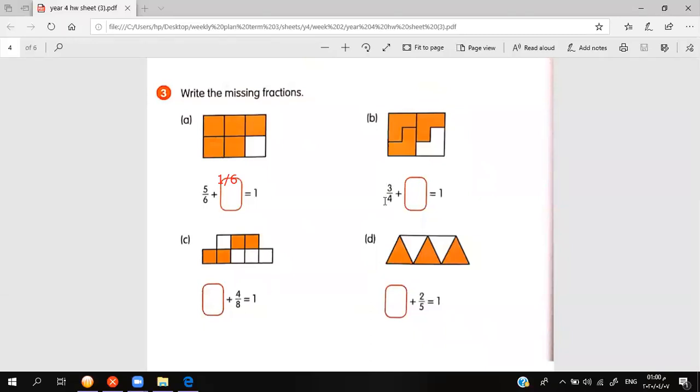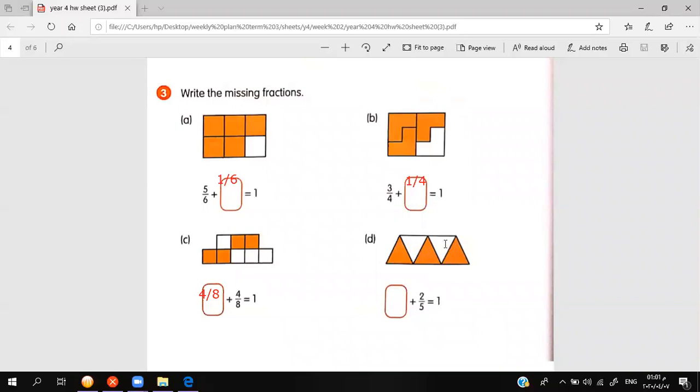To be all the 4 parts, 1 part is left. 1 from how many? 1 from the 4. Here, 1, 2, 3, 4. 4 from the 8 parts and 4 from the 8 parts. 4 are colored and 4 are not colored. The colored and the uncolored, when I add them all together, they will give me the whole, 1.